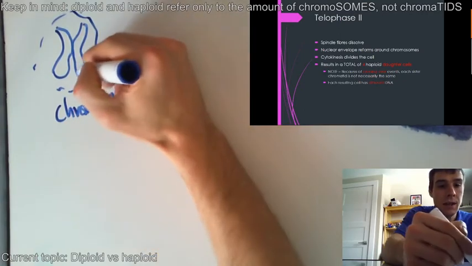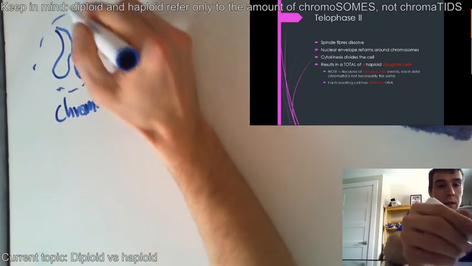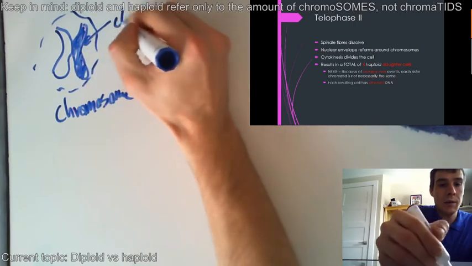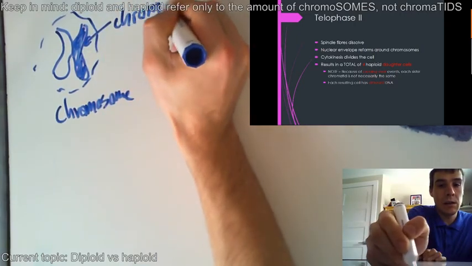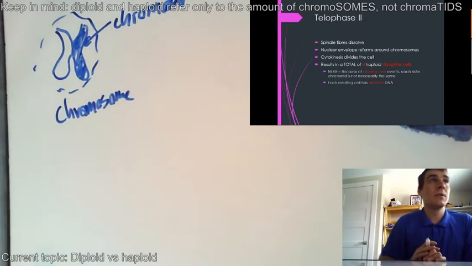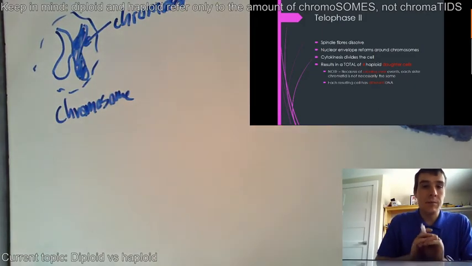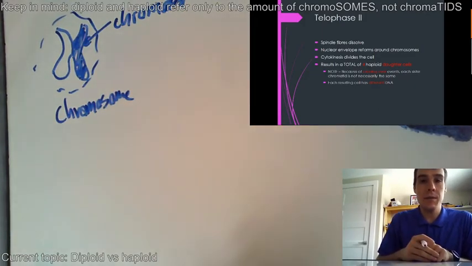Right, but each side has a chromatid. So one chromosome actually kind of has two chromatids in your body. Again, one from mom and one from dad.